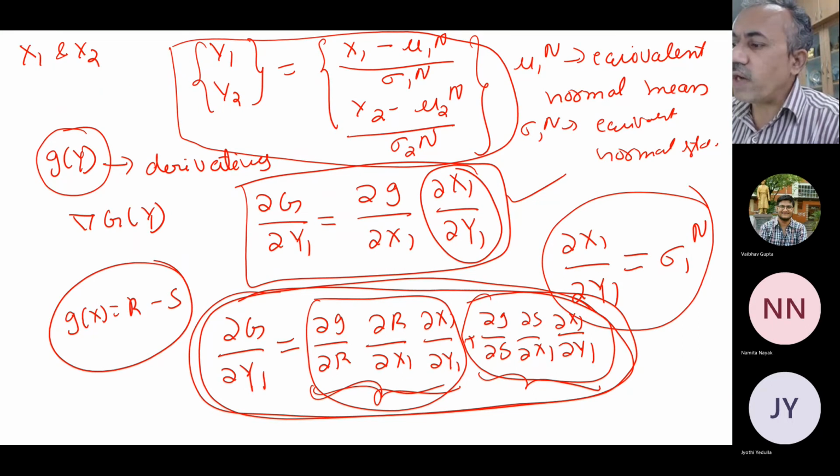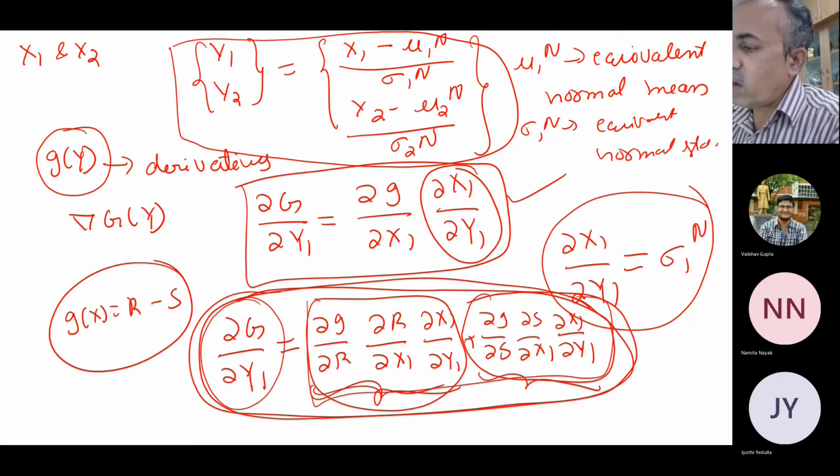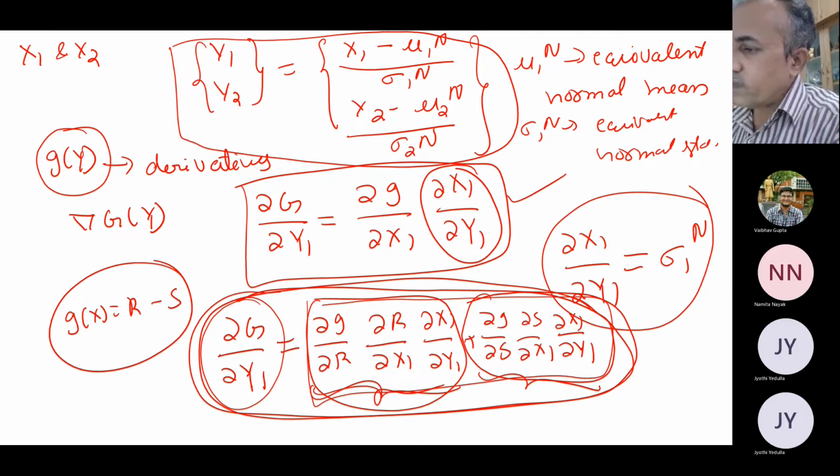So if you know how to find the derivatives, do you remember how to find derivatives in our stochastic FEM? What method are we using? Like dG by dY1, what are we using?